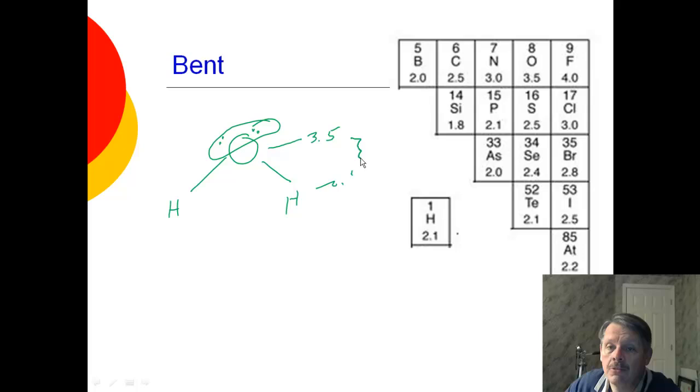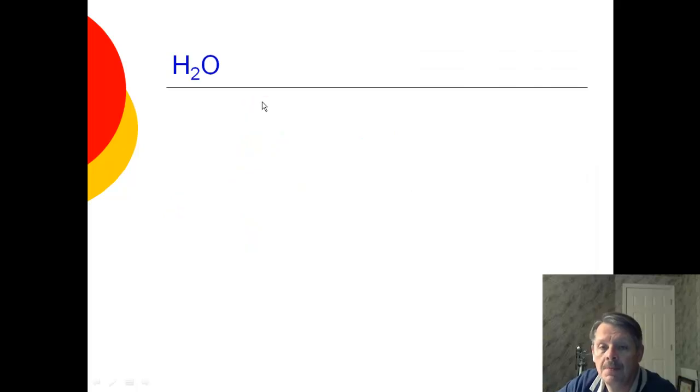So my electronegativity difference is 1.4. So yes, the bonds are polar, molecule's polar. The center of my positive charge is way down here somewhere, and the center of my negative charge is going to be up here. Okay? All right, so if you see something that's bent or pyramidal, you can almost always say it's going to be polar.